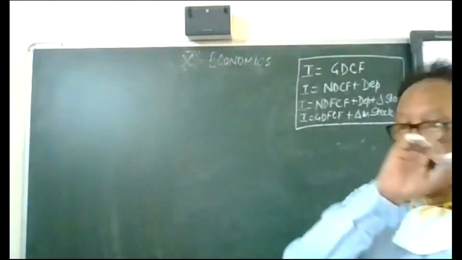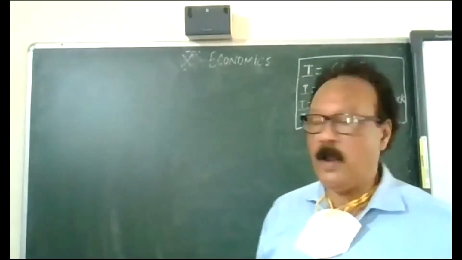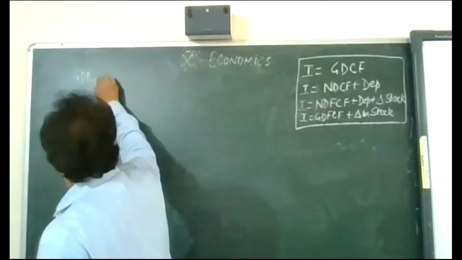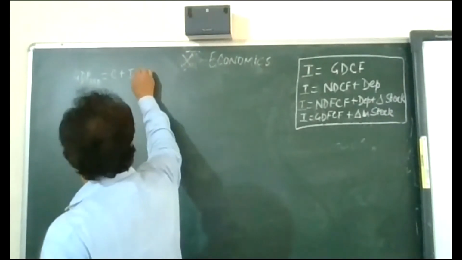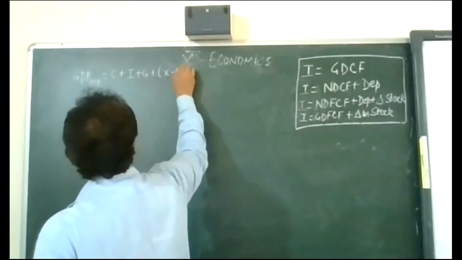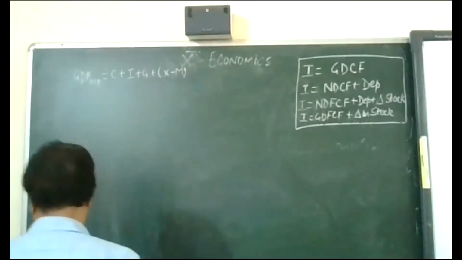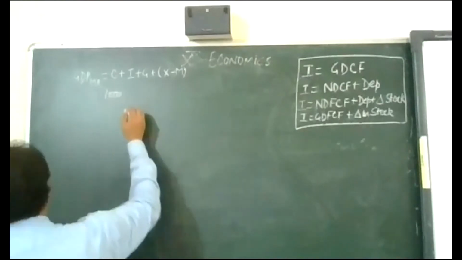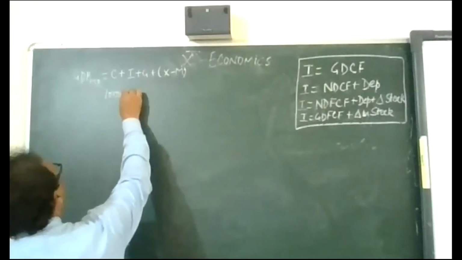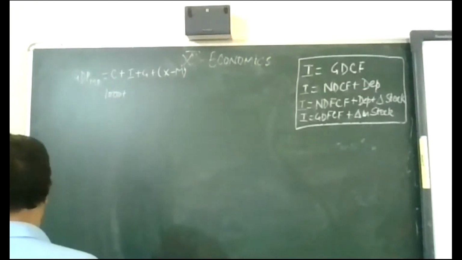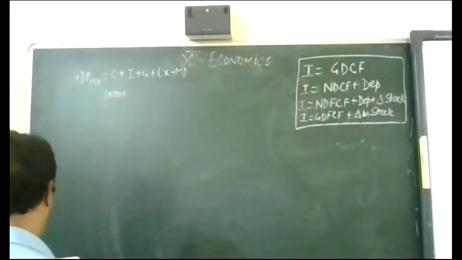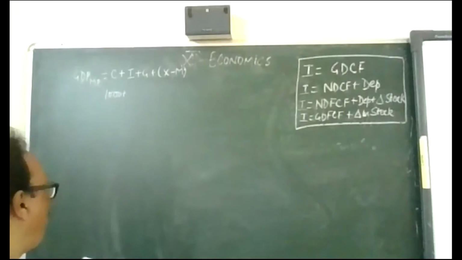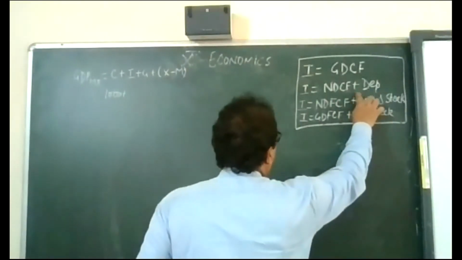Right. Now, first thing that we do is to find out, like I said, GDP at market price, C plus I plus G plus X minus M. Private final consumption expenditure is given as 1000, plus net domestic capital formation.